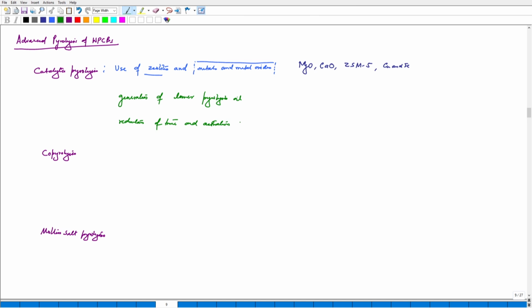So, it becomes easier. And then we have bromides converted to bromine and/or hydrogen bromide.